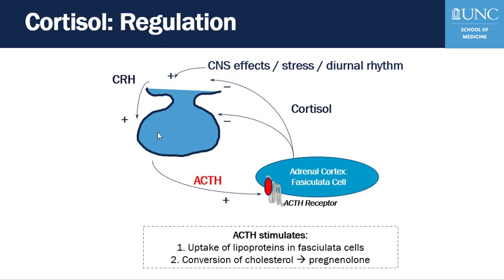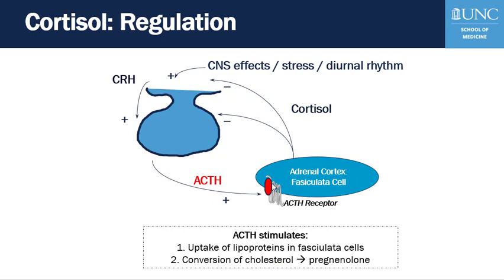So cortisol production is controlled by the pituitary, as you might remember, when CRH from the hypothalamus stimulates ACTH from the pituitary. And this ACTH will then bind to its receptors on the fasciculata cells within the adrenal cortex.